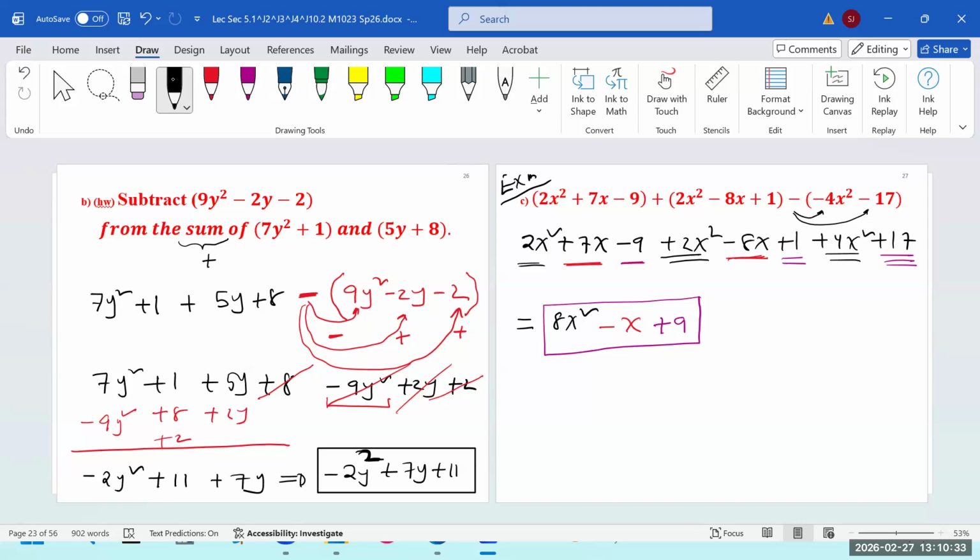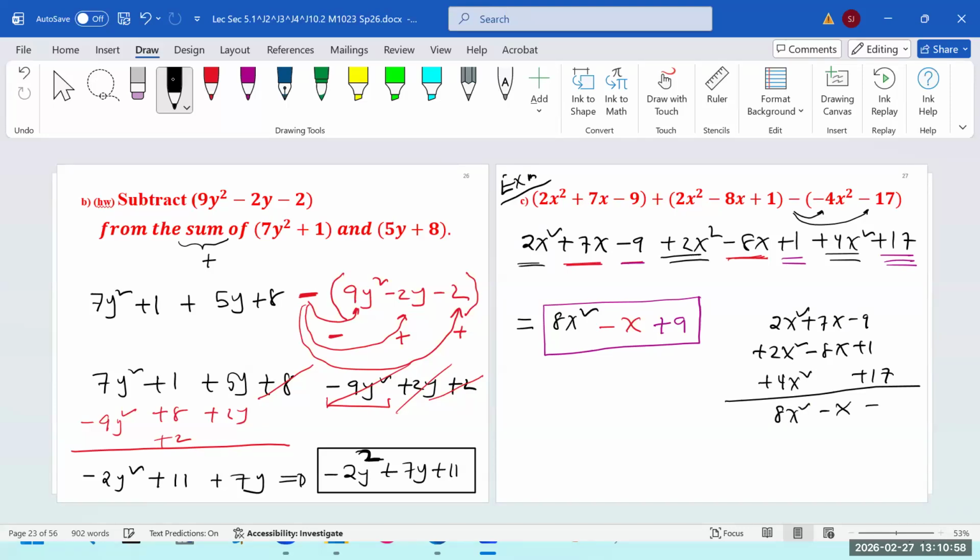And if you cannot do it mentally this way, write this down one after another. For example, we have 2x squared plus 7x minus 9. Then we have another 2x squared minus 8x plus 1. And then we have plus 4x squared plus 17. So you can see all the terms. This gives us 8.